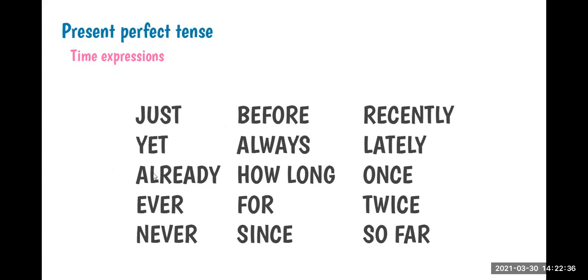Just, yet, already, ever, never, before, always, how long, for, since, recently, lately, once, twice, or so far. So these are some of the expressions that you can find in these kinds of sentences. Sometimes you can identify the present perfect or present perfect continuous because of the expressions. So pay attention to these words.